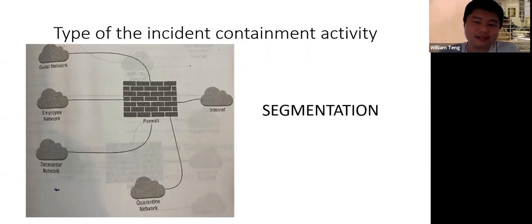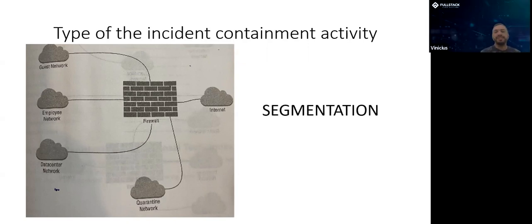Segmentation. Yes. So in this case, even being separated, they are under the same firewall. They are still sharing the same space, but the network is isolated because it's suspicious or compromised.